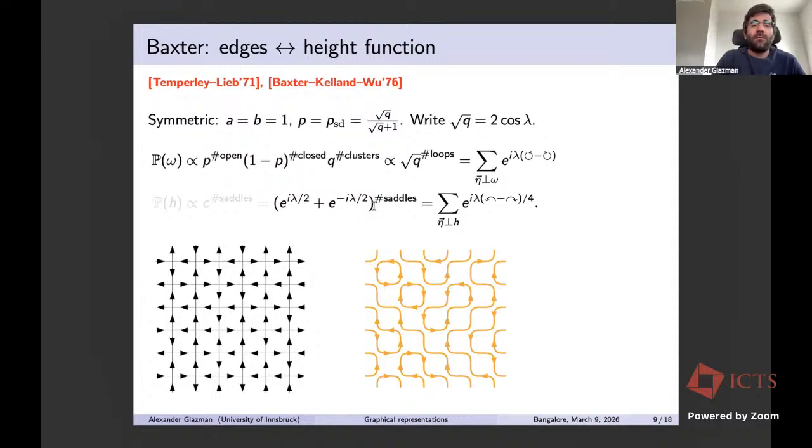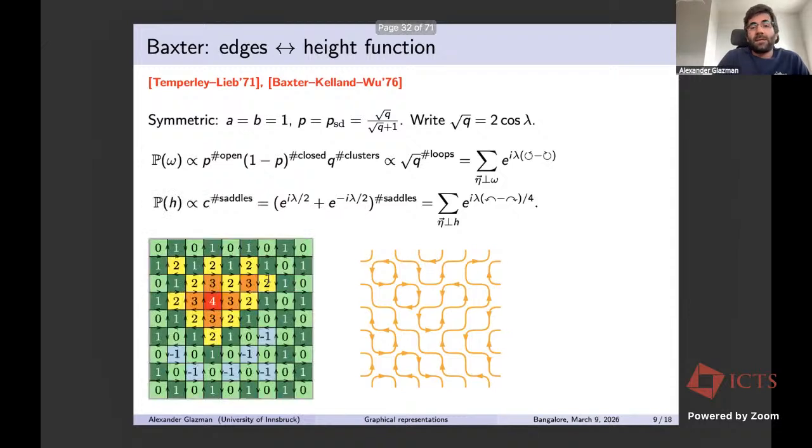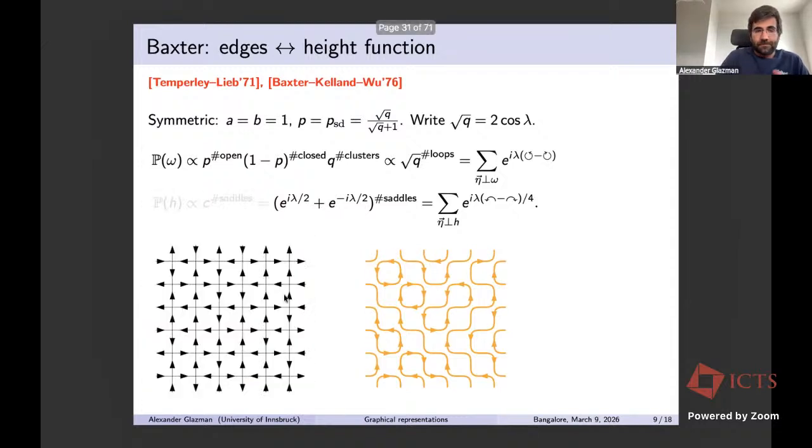And in fact, for every vertex with two incoming edges horizontally and two outgoing vertically, or vice versa, you'll have exactly both possibilities. So each vertex will have the weight written here, just 2 times cosine of lambda over 2. And this brings us to the six-vertex model. For every vertex, you have two incoming and two outgoing edges.